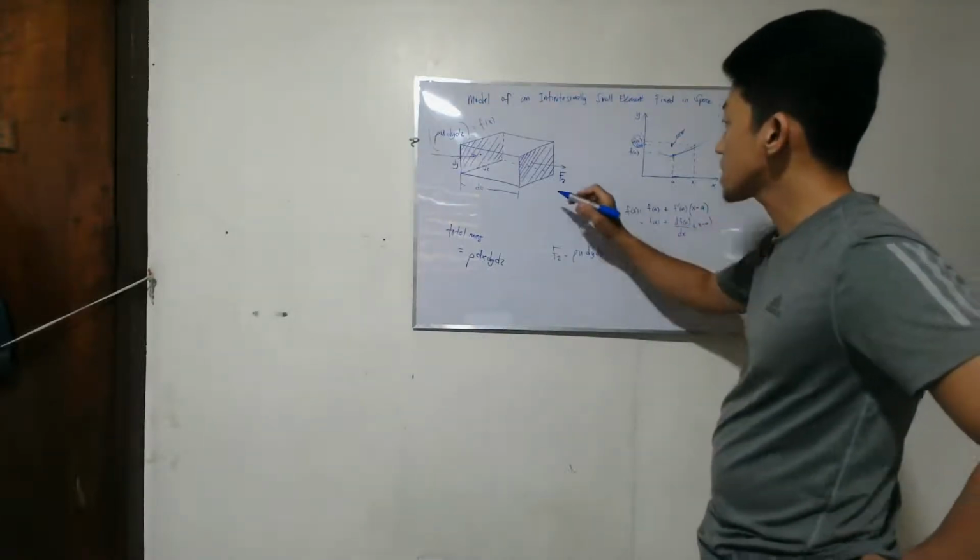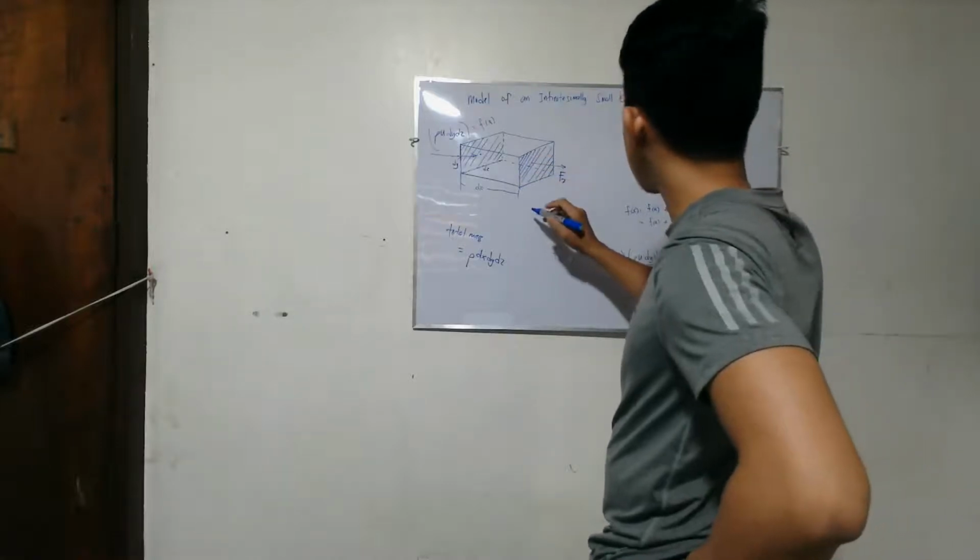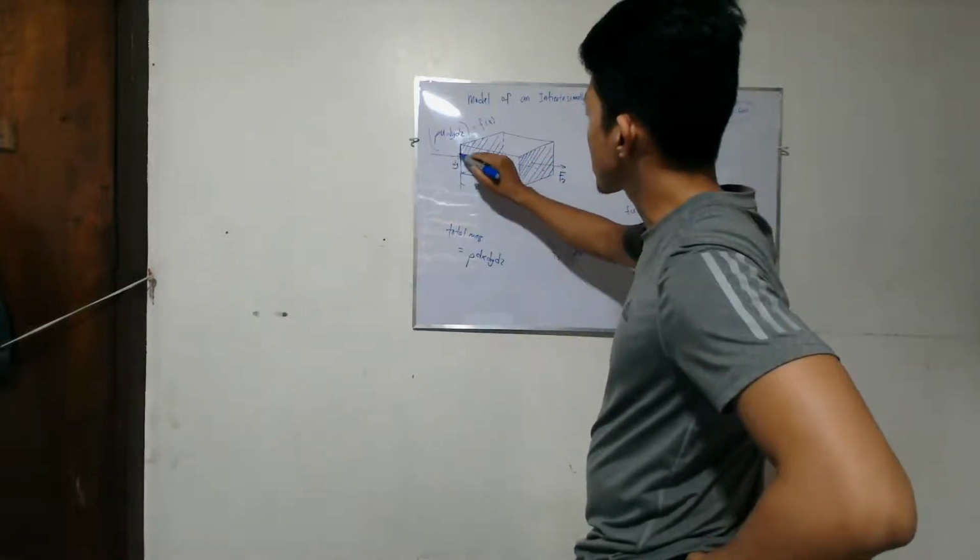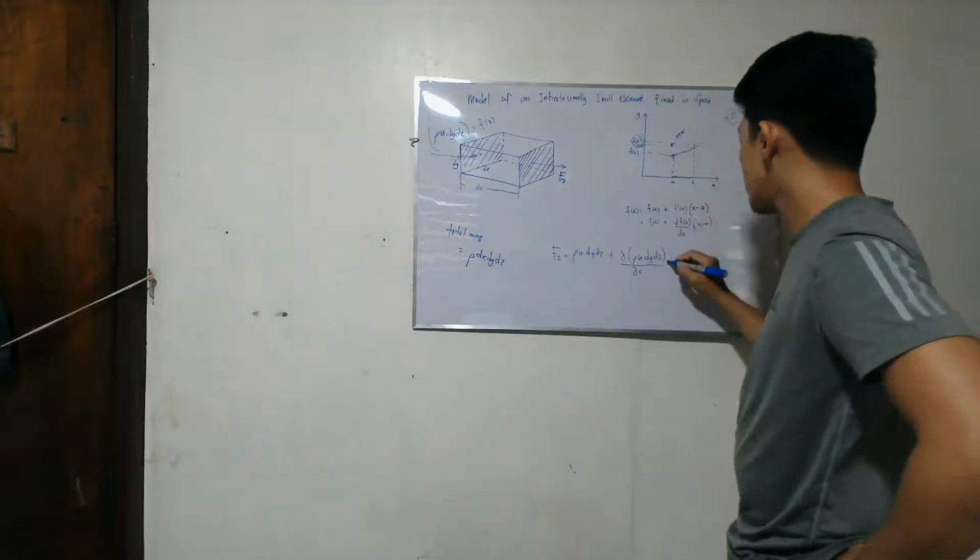So unsa ning x minus a again, kani man na siya kani nga point o kani nga point, so dx ra gyapon na siya minus dx.